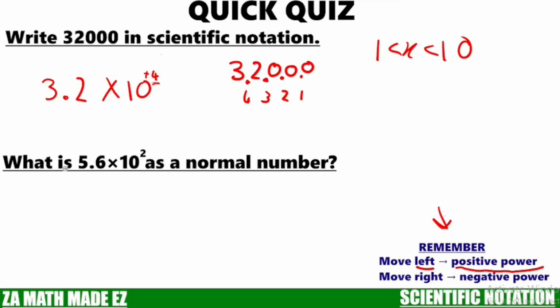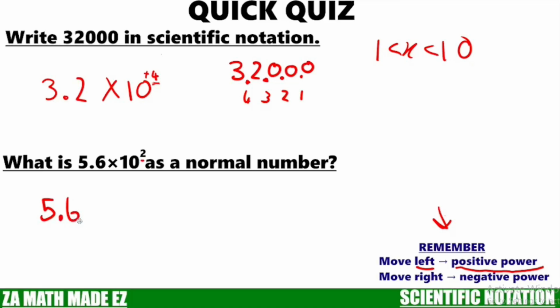Now, what is 5.6 times 10 to the power of 2 as a normal number? So what you want to do is take 5.6, and the exponent over here is 2. So you want to move the decimal point twice to the right. And the reason we're moving it to the right is because we're converting it from scientific notation back to a normal number. So this does not apply. In fact, it's the opposite.